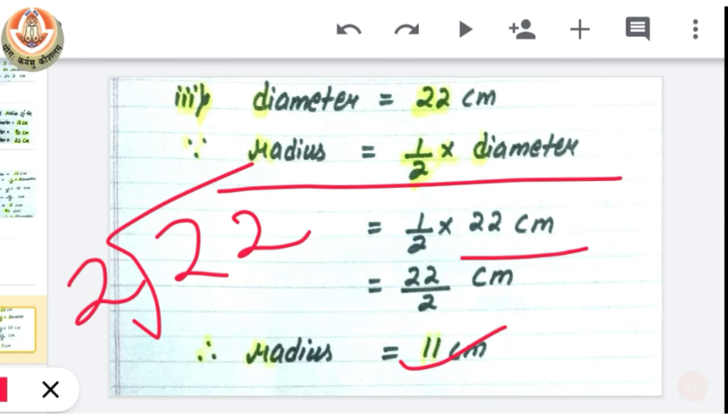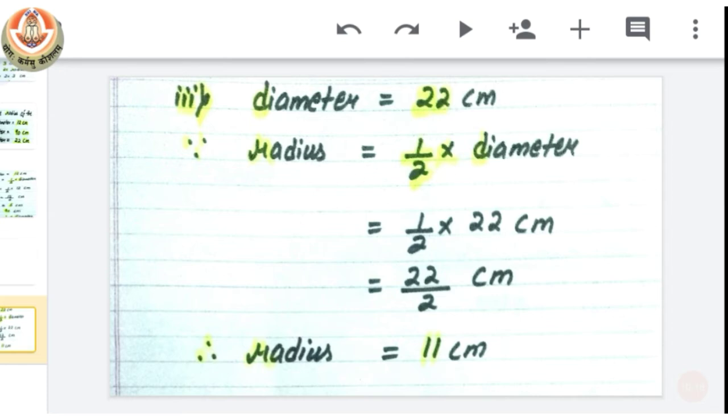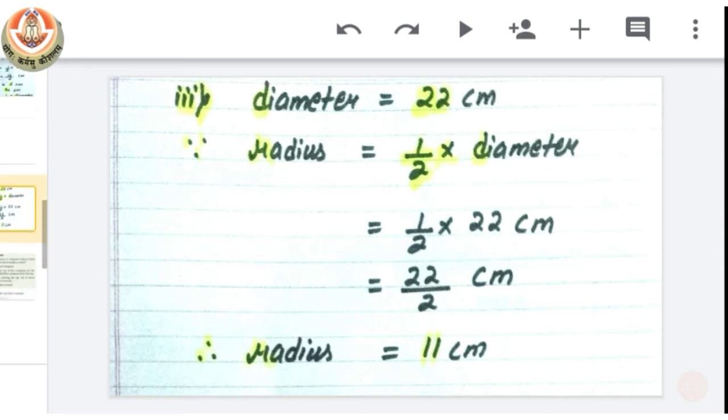So 11 centimeter is the radius of the circle which has a diameter of 22 centimeter. I hope these two types of questions related to diameter and radius are clear to you all. For more, you have to practice at home by taking any amount of diameter or radius.